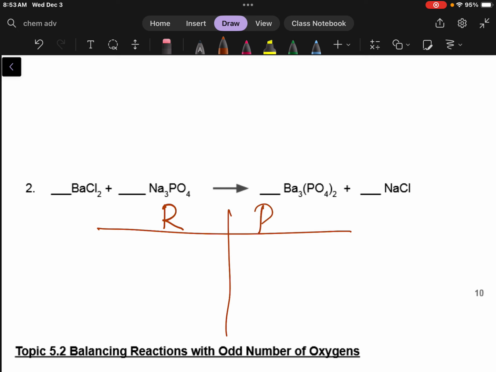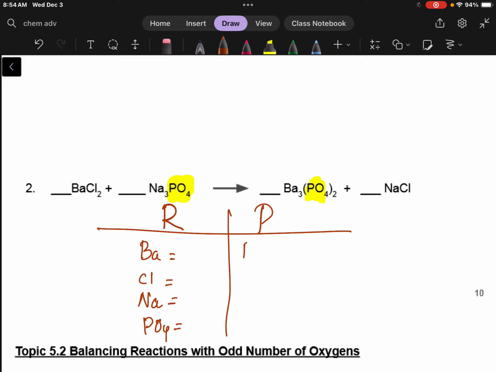Did you see a polyatomic ion unchanged on both sides? Yes. There is phosphate here, phosphate here. Okay, list everything. First one is Ba, then Cl. The order doesn't matter, you can do it in any order. I always follow metal, non-metal order.